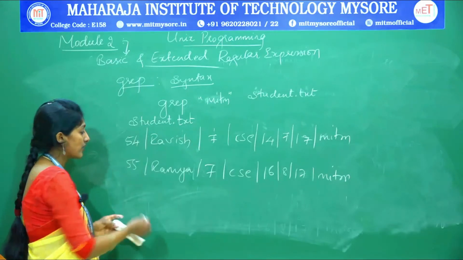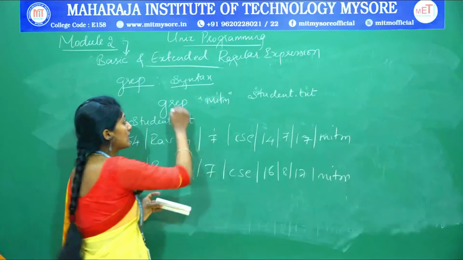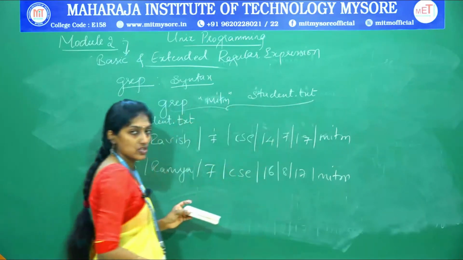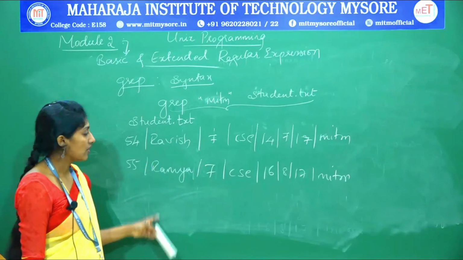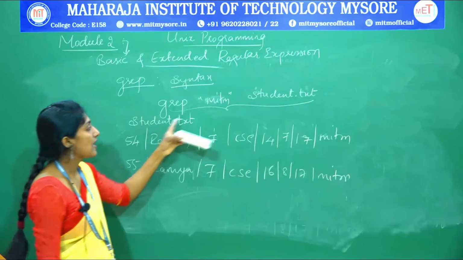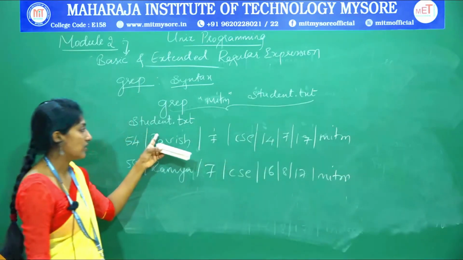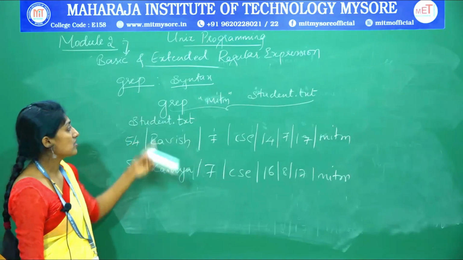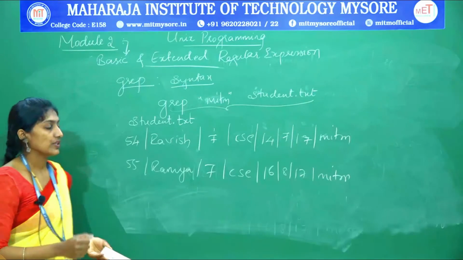All those 4 student details will be displayed with this expression. We call this complete line an expression. With this expression it is going to display all 4 lines from the file student.txt, because MITM is associated with all those 4 lines. So this is how the grep command is used within Unix.